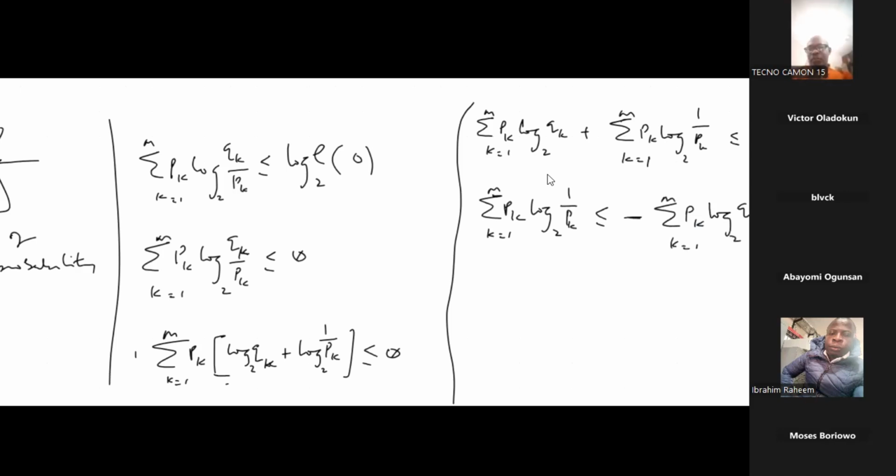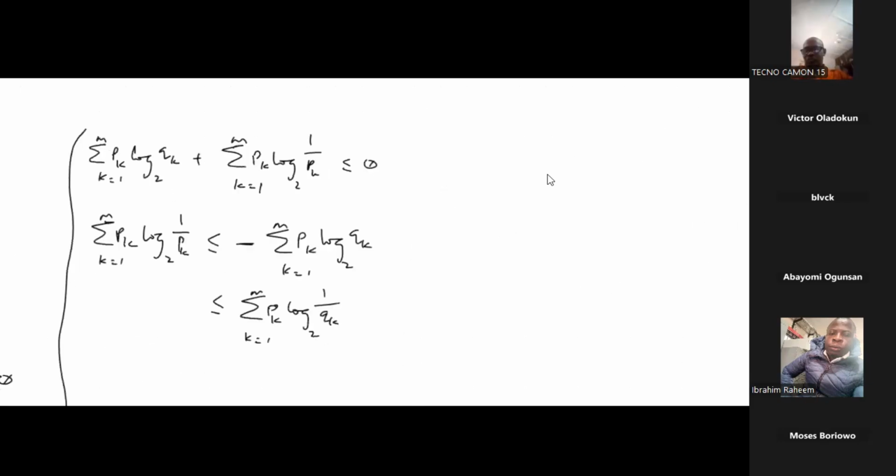Right? Because it crosses the equality sign, it becomes minus. And this now is also the same as less than or equal to sigma p sub k log 1 over q sub k base 2, k equal to 1 to m. This minus comes over, so it's the same as this. Is that okay? Is that clear?